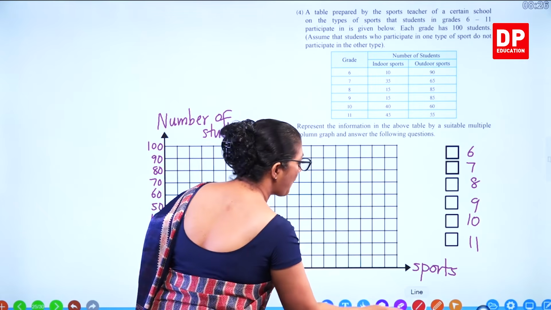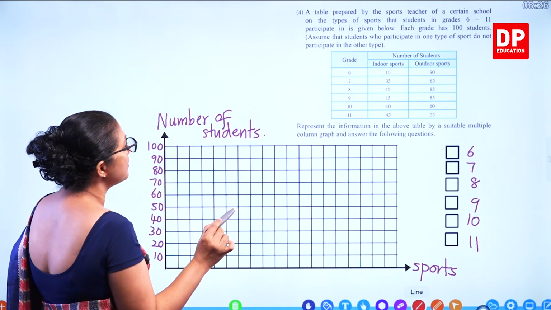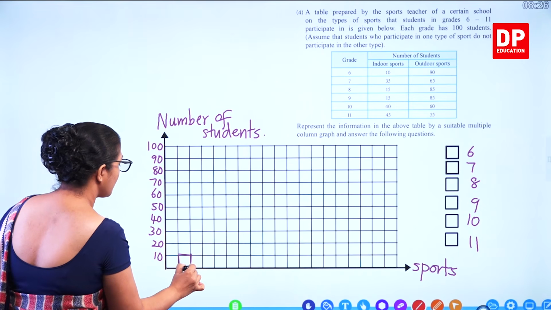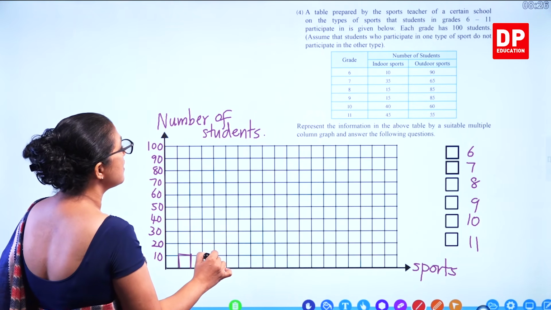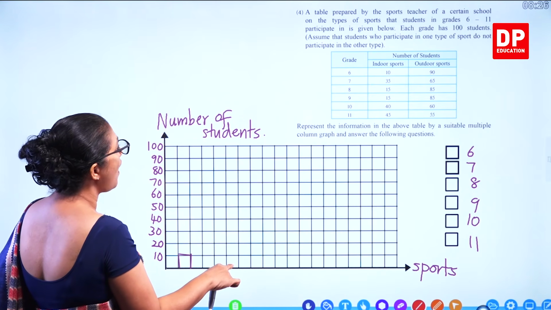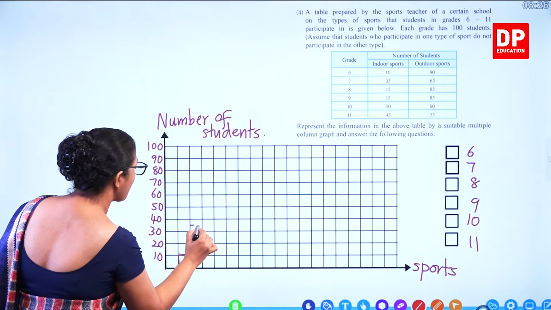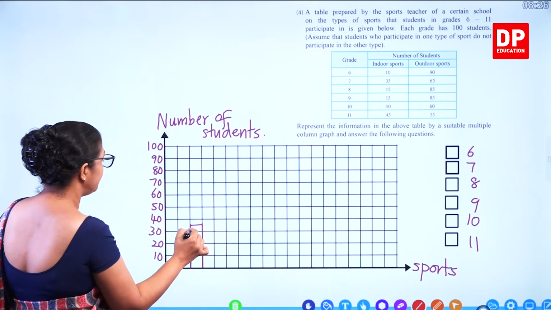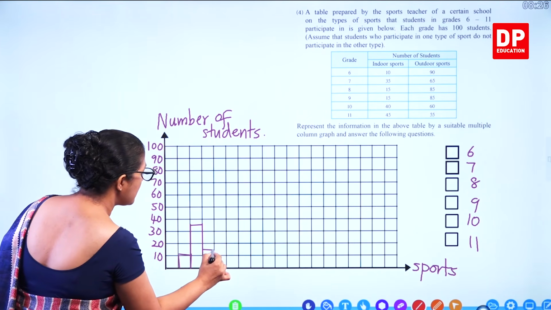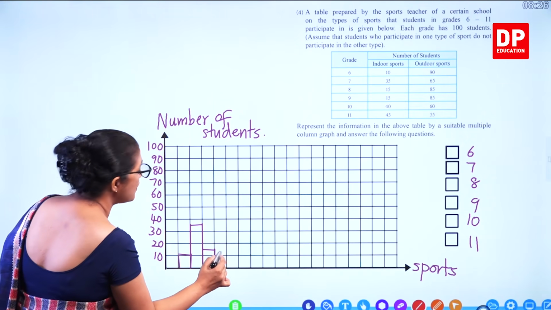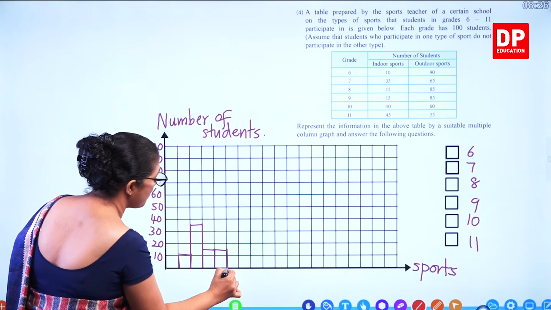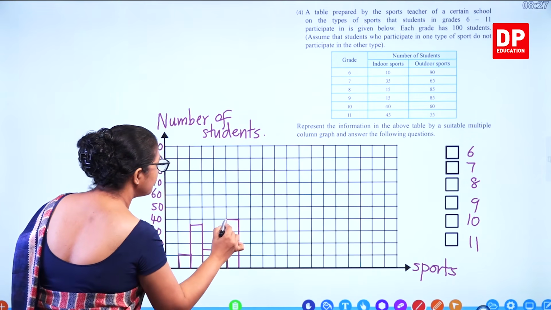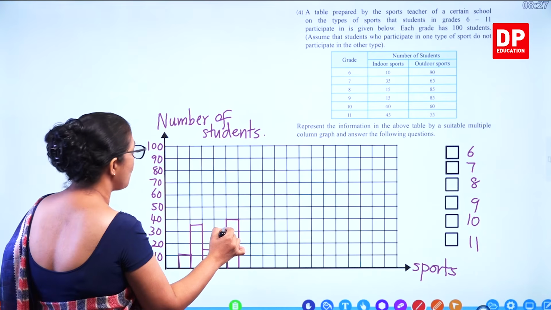Now we'll draw the bars. Indoor 10. So 10, and we can take all these values: 35, 15, in between 10 and 20, 15 again, and 40, 45.